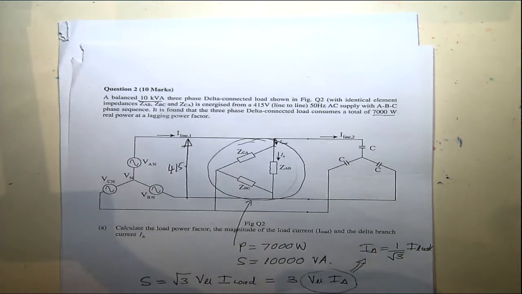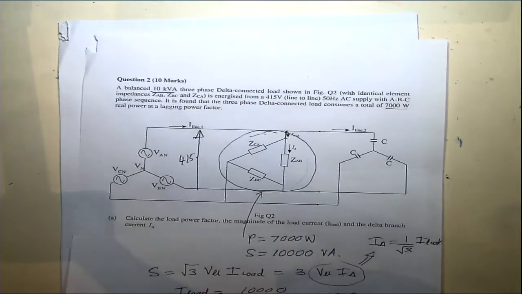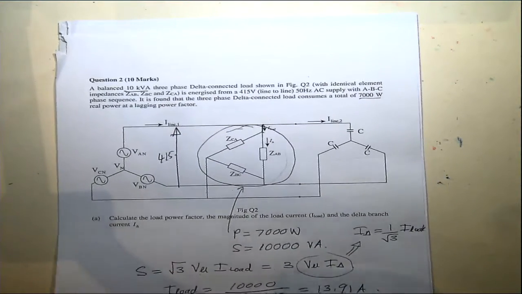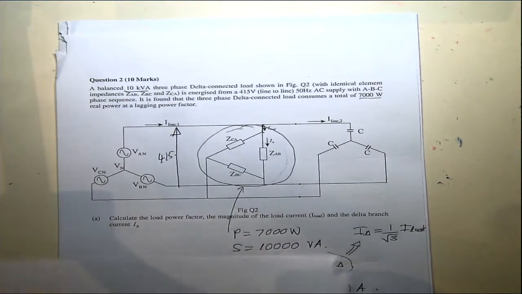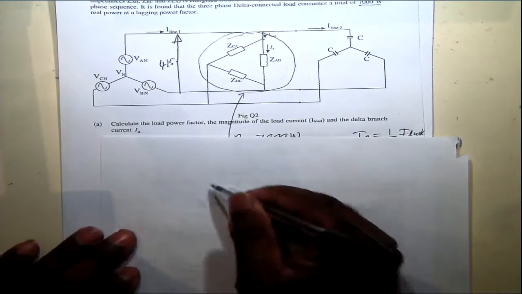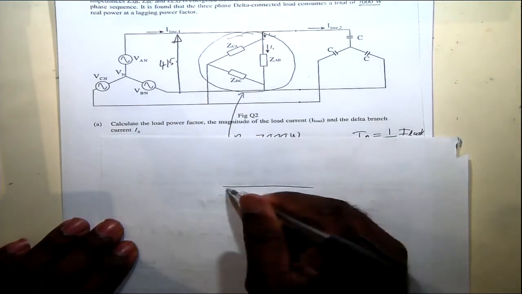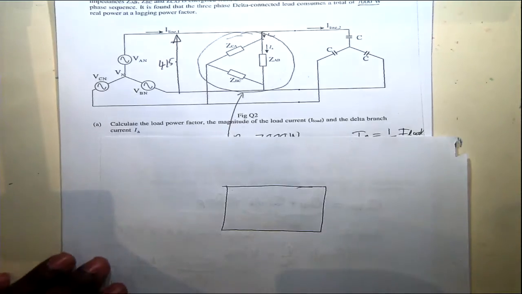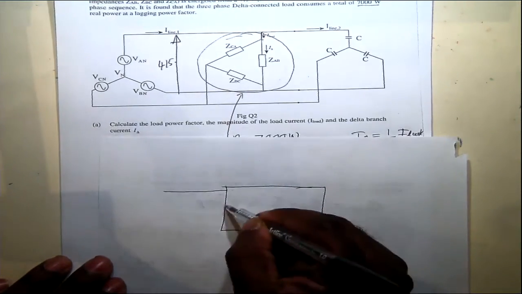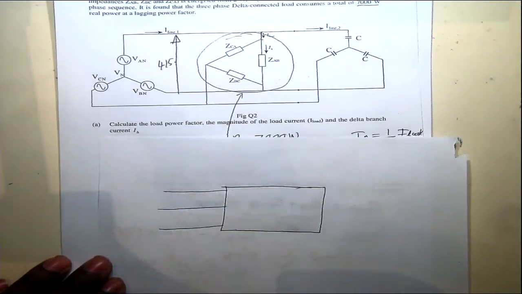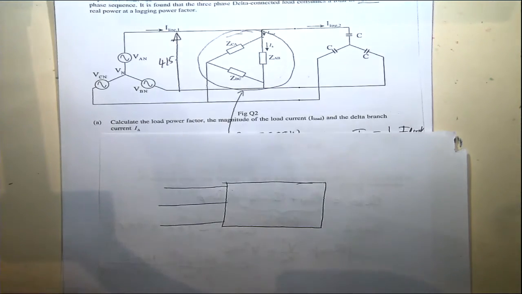If you consider just a three-phase load, let's say some load, it can be a star or a delta, this is fed by a source which has a line quantity called the line-to-line voltage.